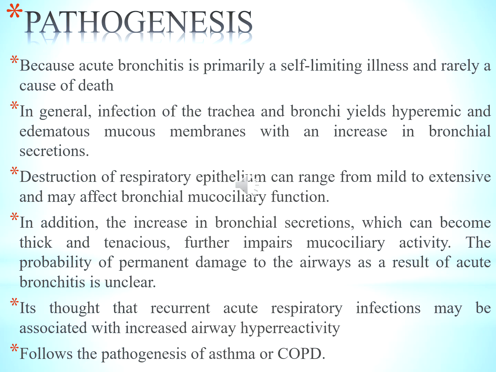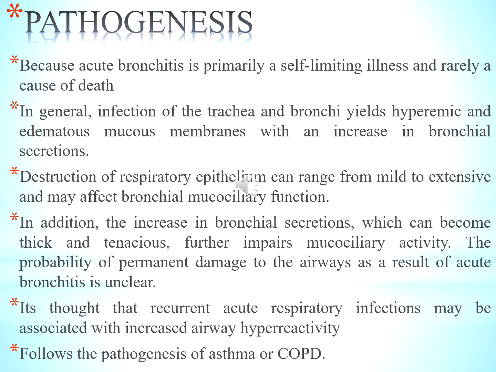So regarding pathogenesis, the majority of acute bronchitis is a self-limiting illness and rarely a cause of death. In general, infection of the trachea and bronchi produces a hyperemic and edematous mucous membrane with an increase in bronchial secretions. Destruction of the respiratory epithelium can range from mild to extensive and may affect bronchial mucociliary function.